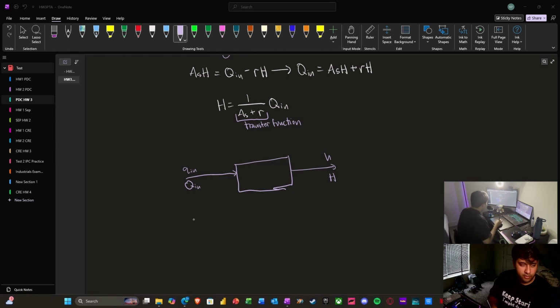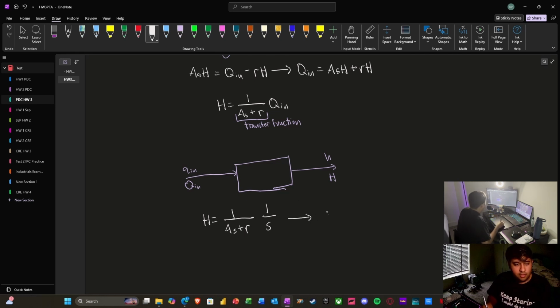And basically now our height will equal our transfer function times Q, and we find that our big Q will equal 1 over s from our system.